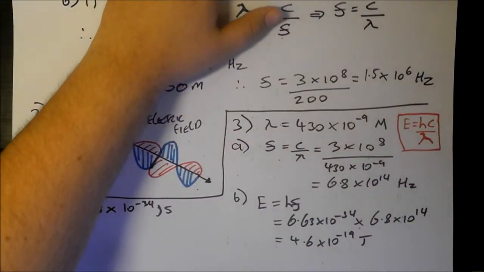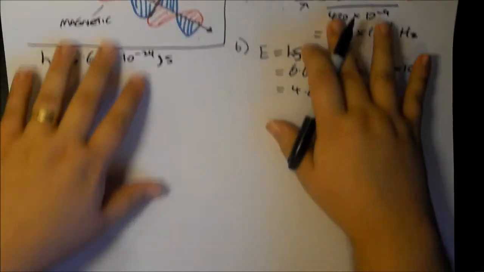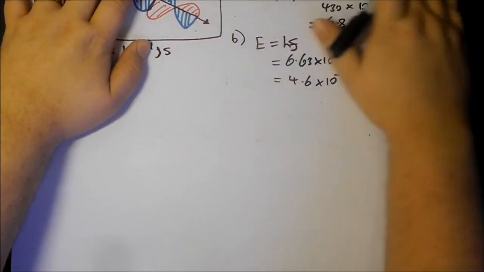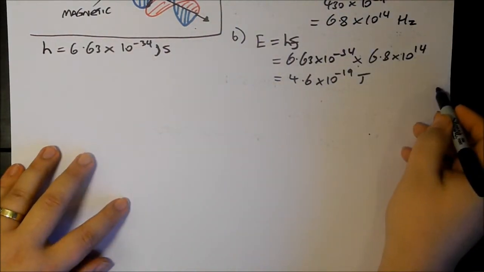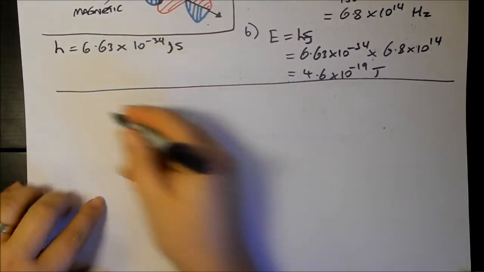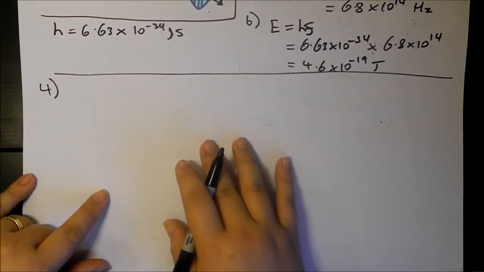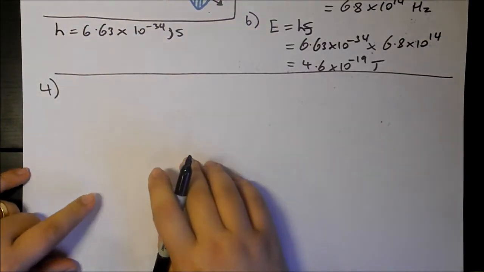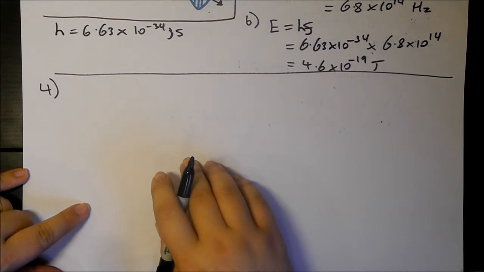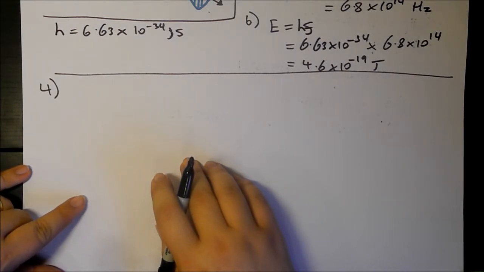Okay, last question then, question 4. Question 4 says, calculate the frequency and energy of a photon of wavelength 635 nanometers.